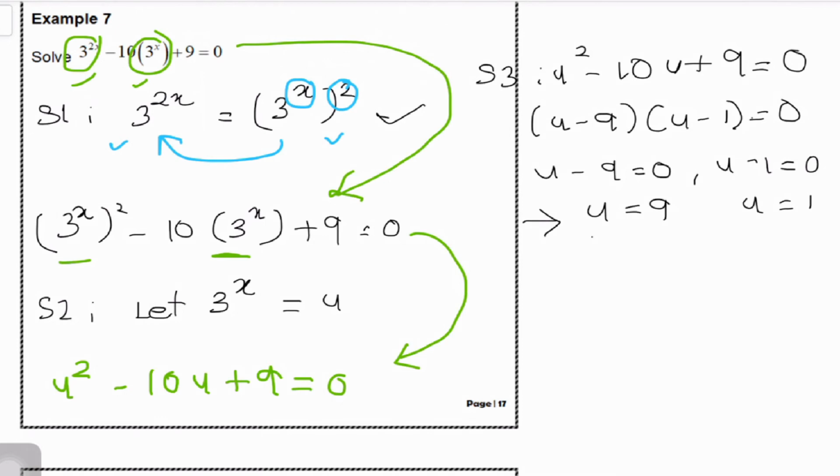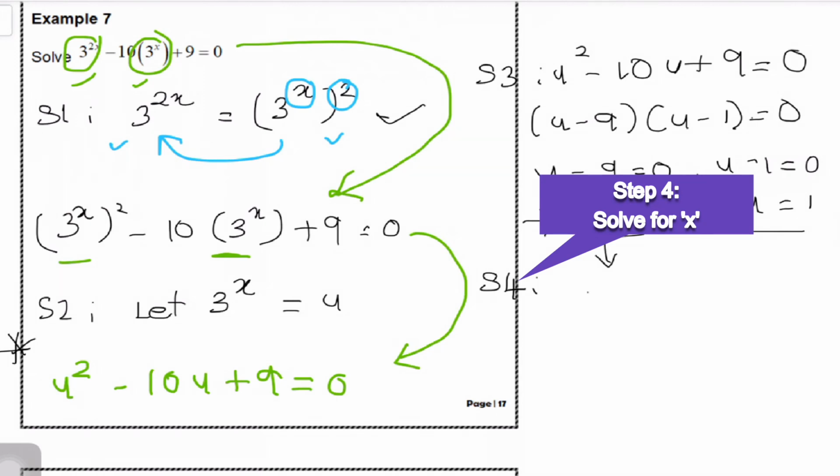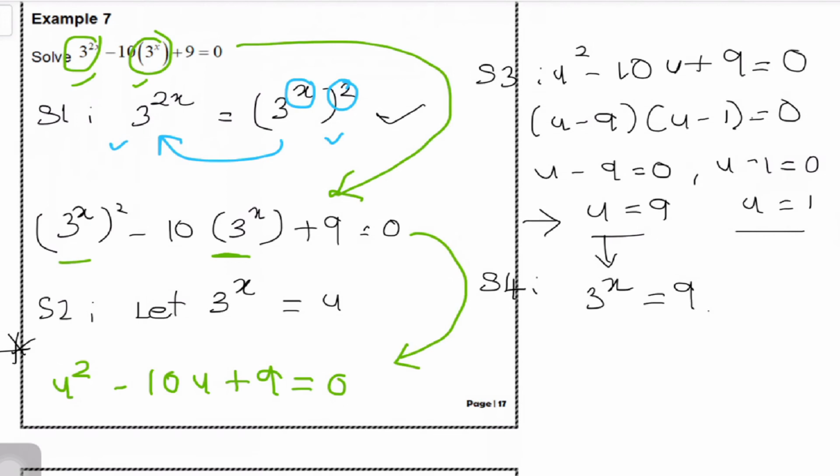Because the question asks you to find the values of x, not the values of u. So you need to remember from step 2, your u is actually equal to 3 to the power of x. So moving on to step 4, we are going to substitute again our u with 3 to the power of x equal to 9 and 3 to the power of x equal to 1.